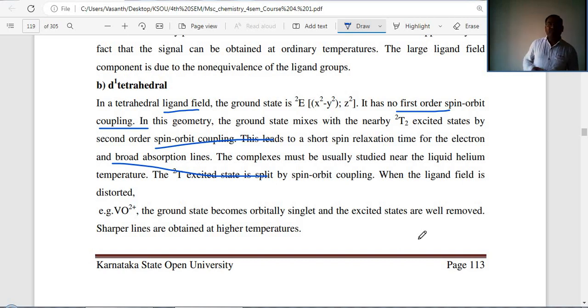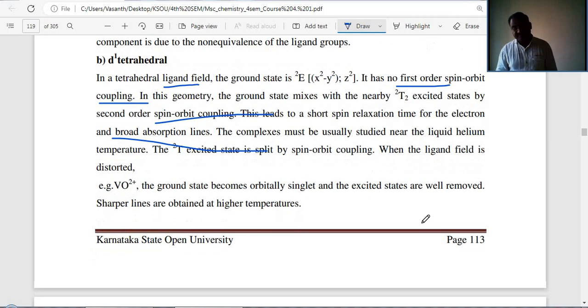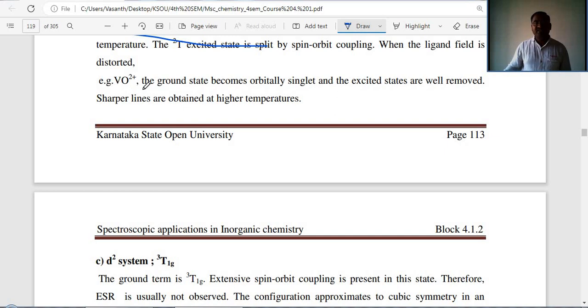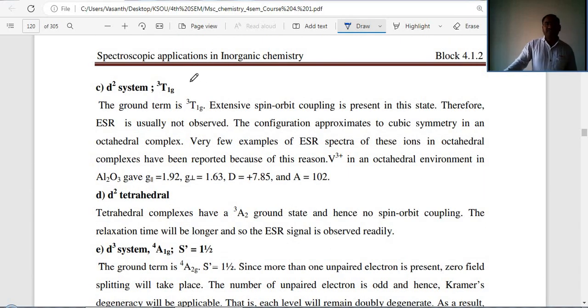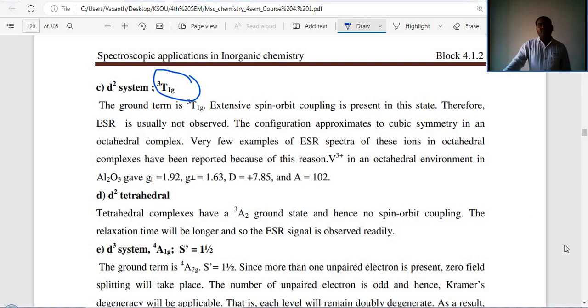When the ligand field is distorted, this is the example of this molecule. In the d2 system, the ground state is 3T1g. Extensive spin orbit coupling is present in this state. Therefore, ESR is usually not observed.